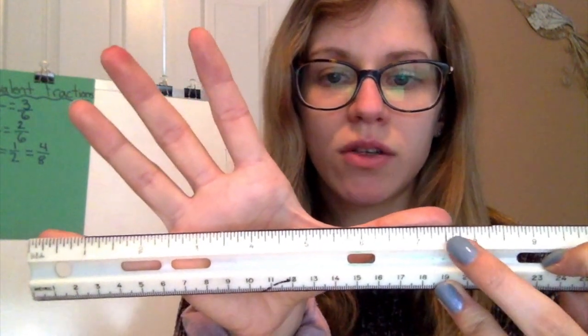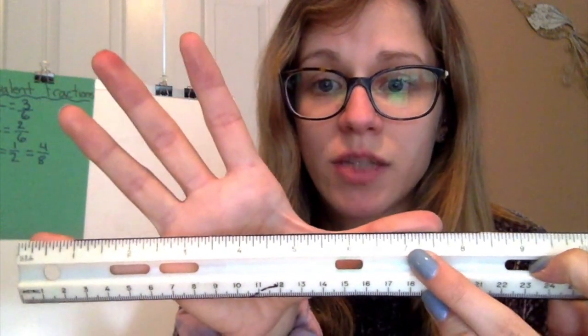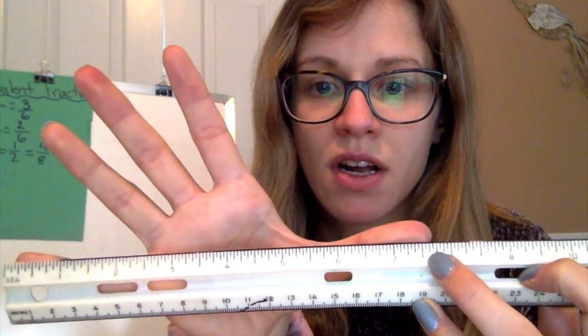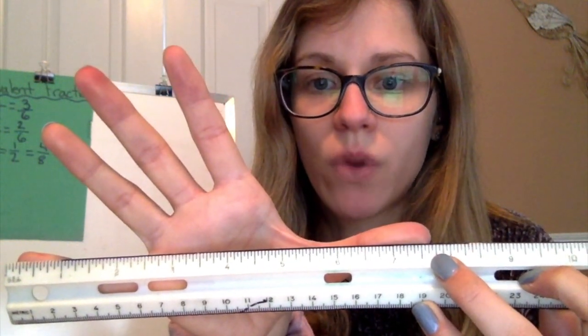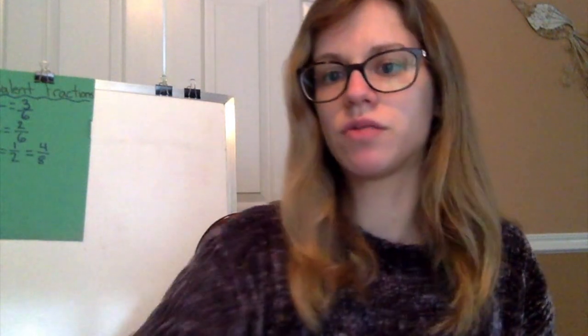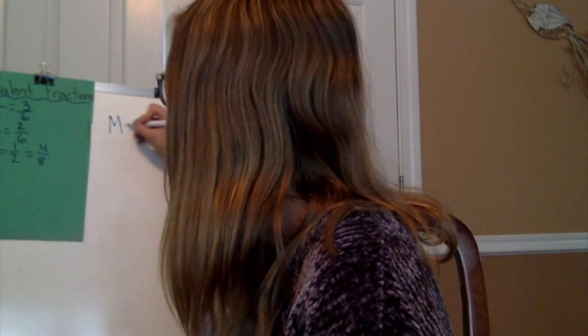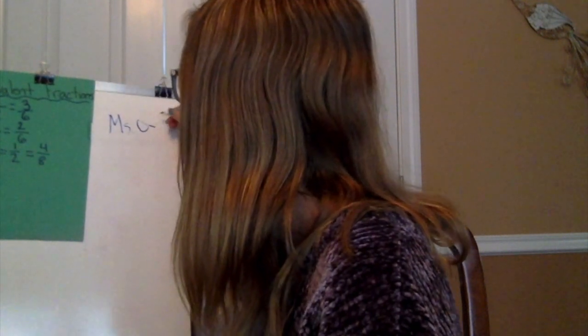I would say that it's closest to this 1/4. So how I would say that is that my hand span is 7 3/4 of an inch. So I'd write Miss O, 7 3/4 inches.